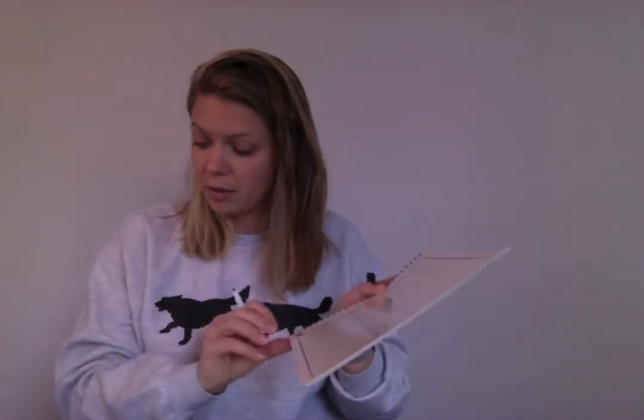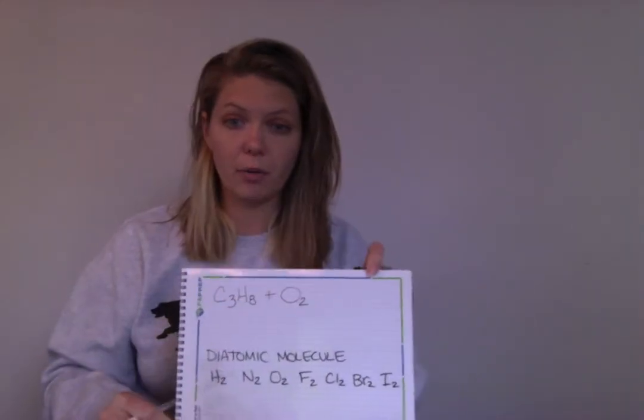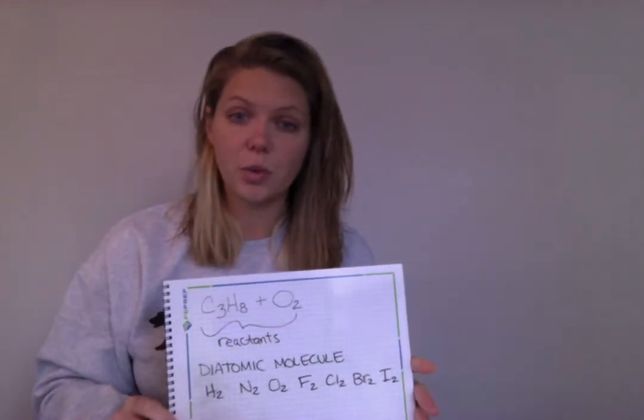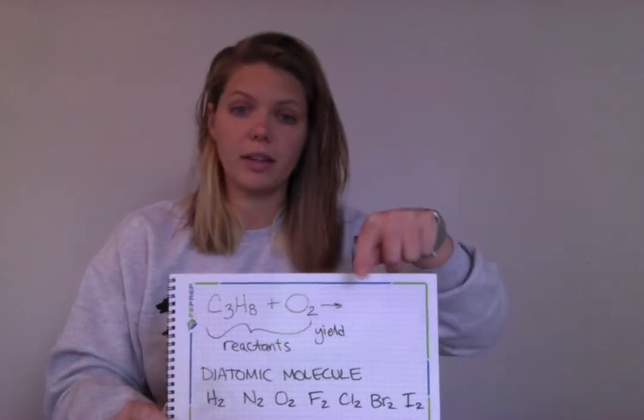Okay? So back to the question. Unbalanced formula equation. So far we have our reactants. That's what we always start with. Reactants. After you list your reactants with a plus sign, you write your arrow, which is yield. That arrow right there means yield.